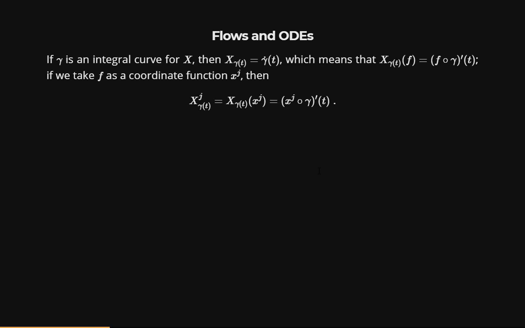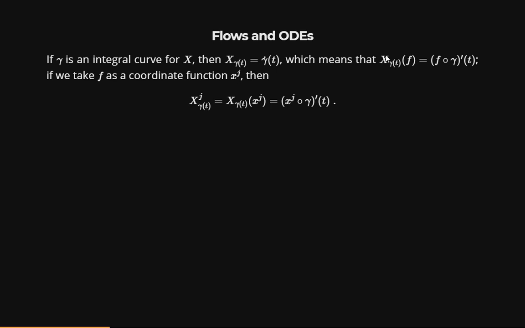Now, here, flows and ordinary differential equations. Take an integral curve. Then, again, you have this relation. So your vector field at a point on the curve is the tangent vector to the curve. Now, these are two tangent vectors, so you can apply them to any function f.